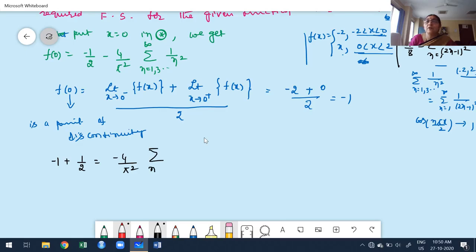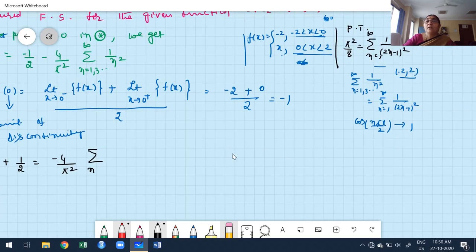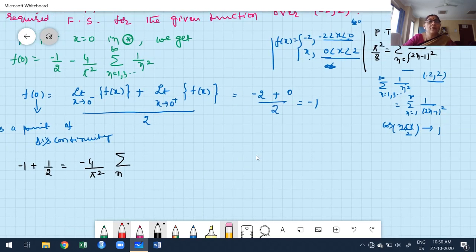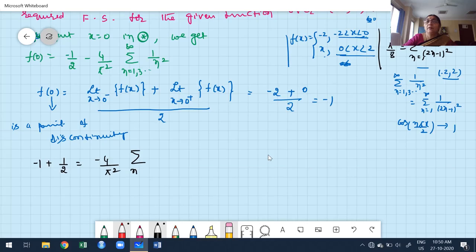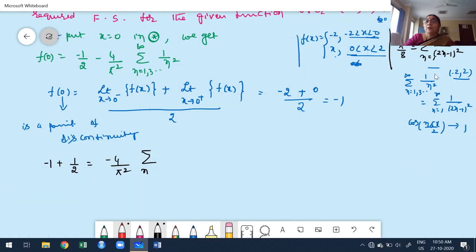Now this summation can also be written as, just a few minutes before I explained how to express it in terms of odd values: 2n minus 1 whole square, the sum from 1 to infinity. Instead of n, we take 2n minus 1. Whether n is odd or even, subtract 1, we definitely get an odd value only.